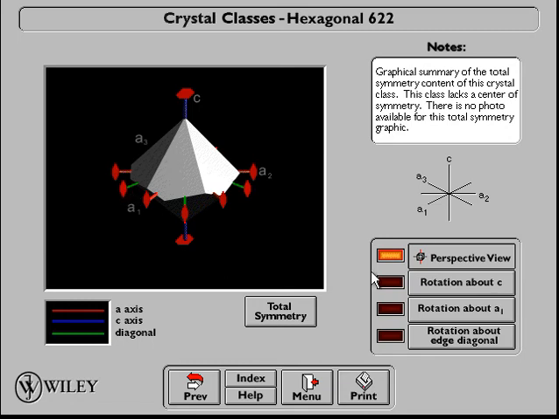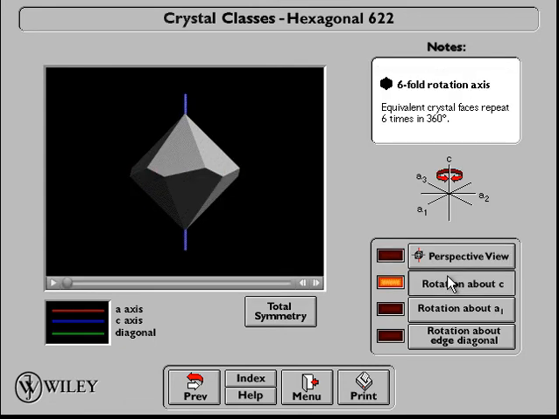So now we are making a rotation about C. We have here now the 6-fold rotation axis. That means equivalent crystal faces repeat 6 times in 360 degrees. Is this true? Yes, this is true.